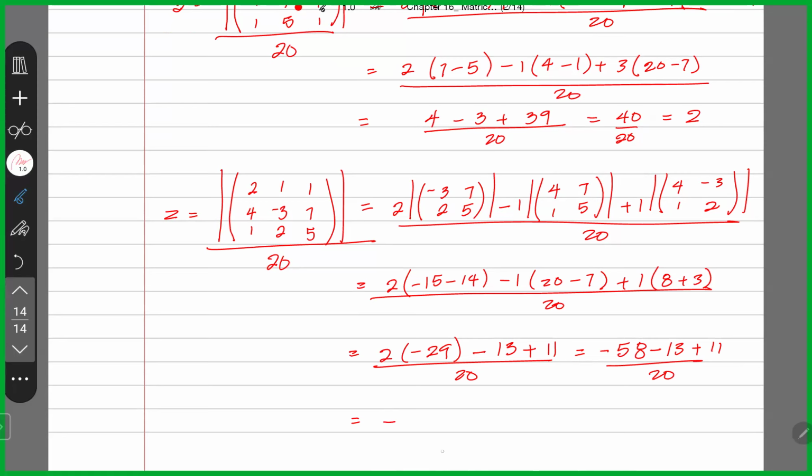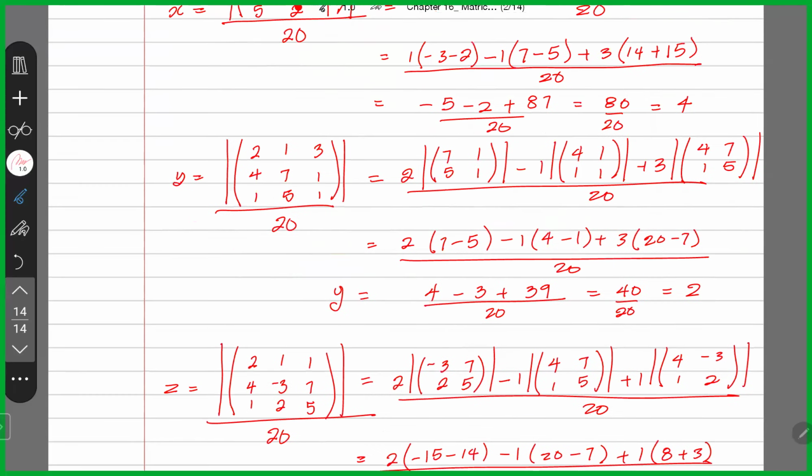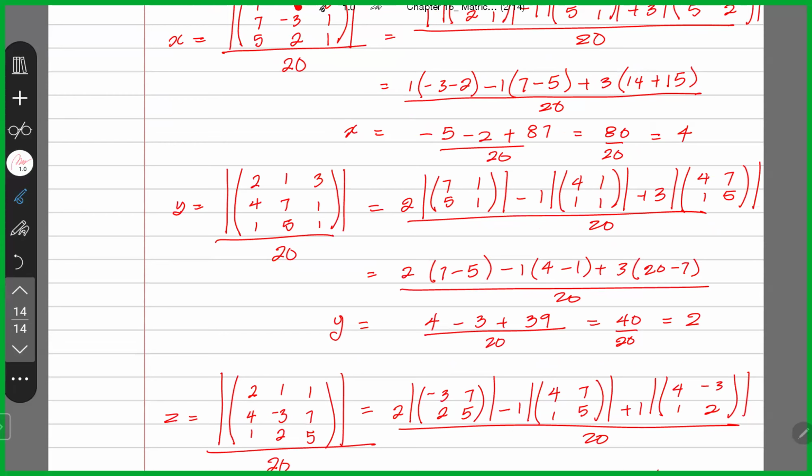Is it minus 60? Yes. Over 20, which is minus 3. So z is minus 3, y is 2, and x is 4. These are the solutions of the equations.